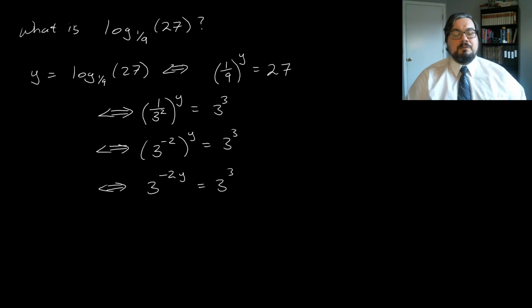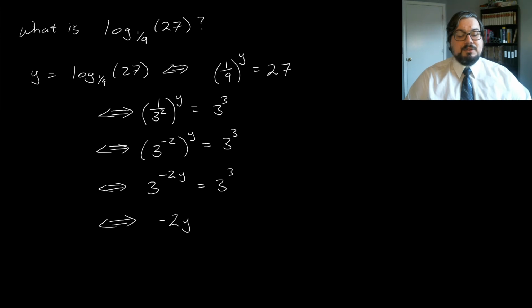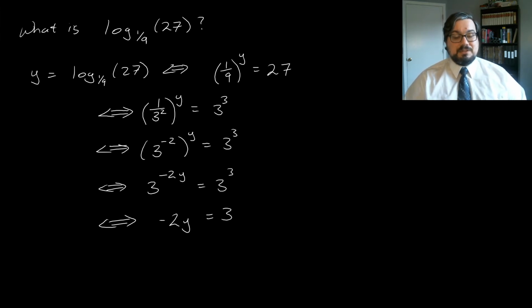And now we're ready to use the fact that the exponential functions are 1-to-1. So we know, based on what we've set up, that 3 raised to the negative 2y is equal to 3 cubed. The only way that happens is if negative 2y is equal to 3, if the two exponents are equal to each other.